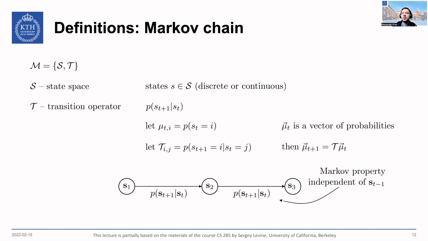It doesn't depend on time, which means that at each time step, the distribution of the state probabilities at this time step is only dependent on the distribution at the previous time step, and we always multiply by the same transition matrix T.